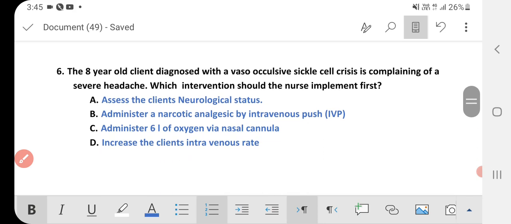Question sixth, the 8-year-old client diagnosed with vaso-occlusive sickle cell crisis is complaining of a severe headache. Which intervention should the nurse implement first?